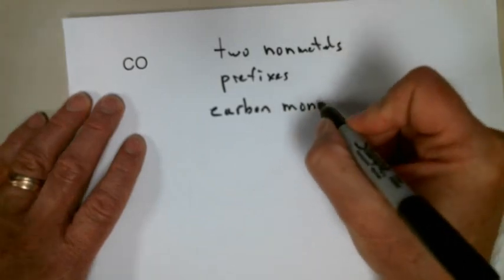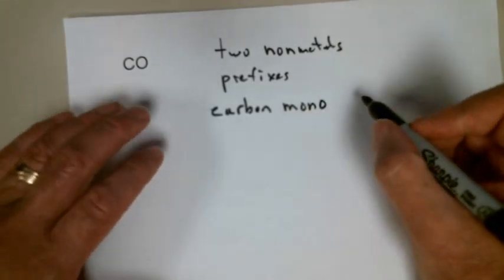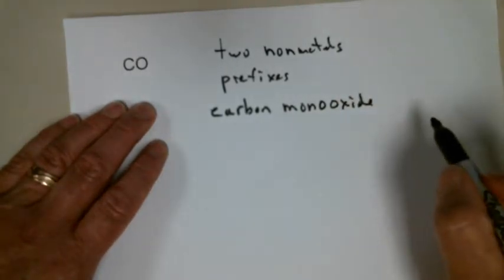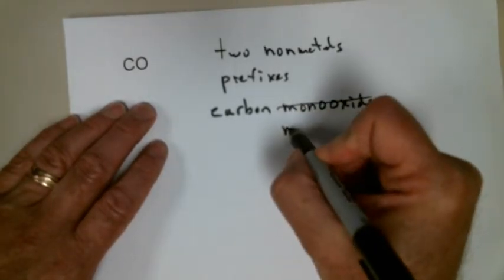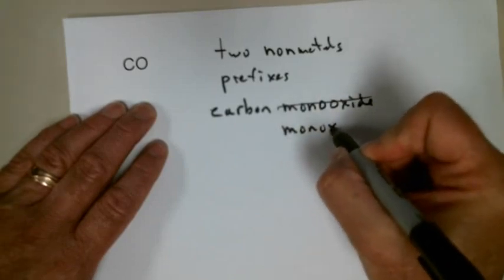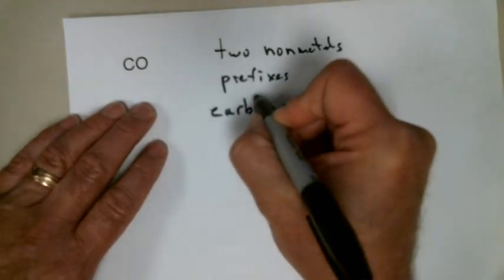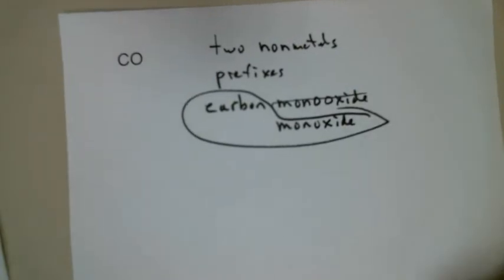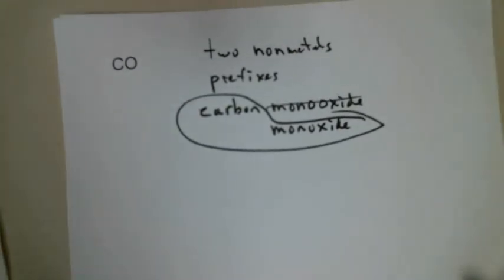Now here's one where hopefully it really makes sense. We wouldn't go mono oxide, right? That would just be awkward. So it's going to be carbon monoxide. And of course, you've heard of carbon monoxide poisoning. Hopefully you've got carbon monoxide detectors at home.